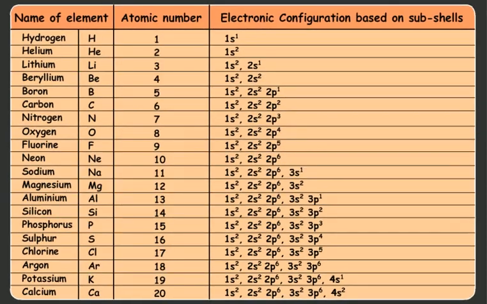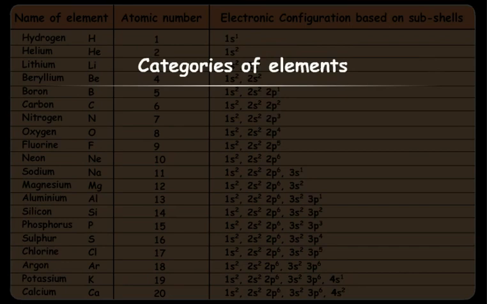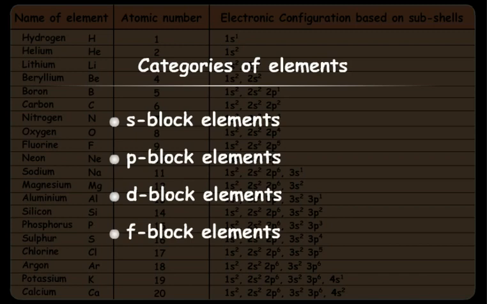In the process, we can see that the last electron is distributed in certain subshells. Based on that, the elements are categorized as S-block elements, P-block elements, D-block elements, and F-block elements. Here you will learn about the elements in these categories in brief.